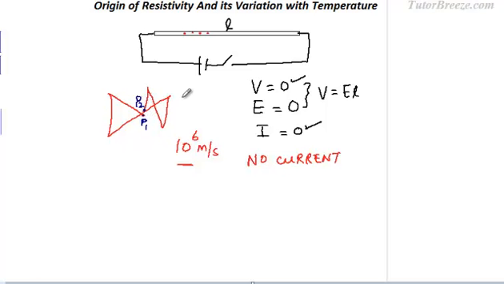The electrons have not moved in any direction. They are not getting anywhere. They are moving at extremely high velocities, but still they are not traversing the length of the conductor. They are not moving from one end to the other. So the current is 0 in this case.